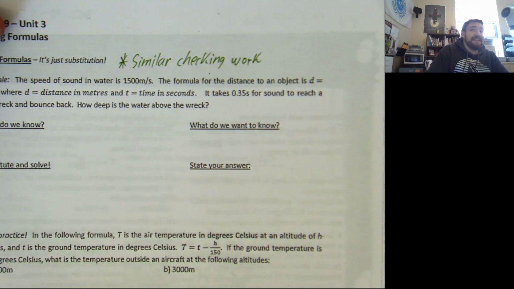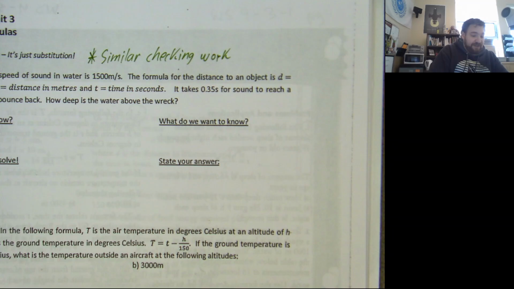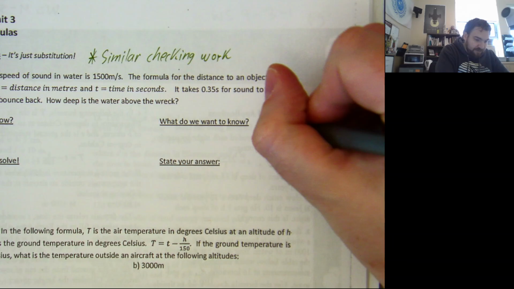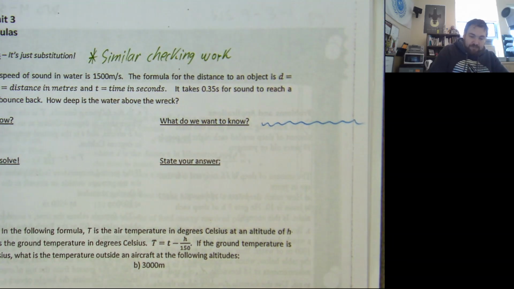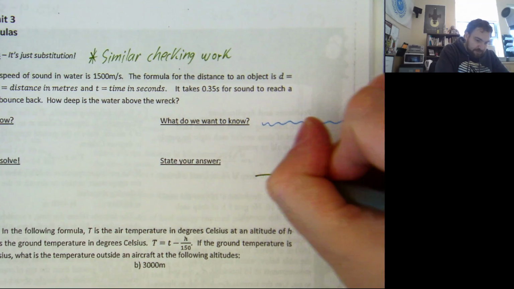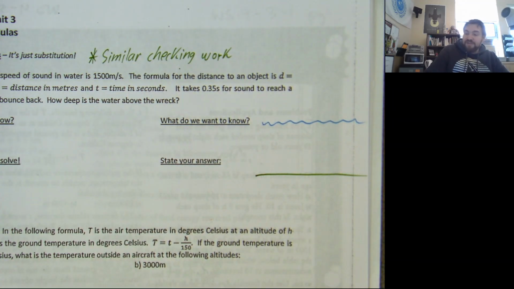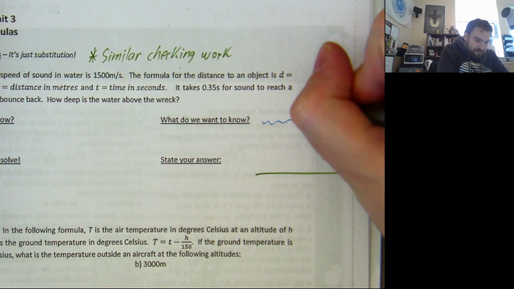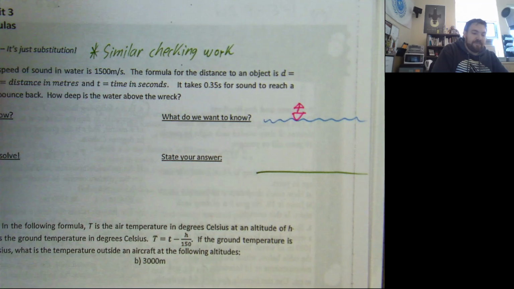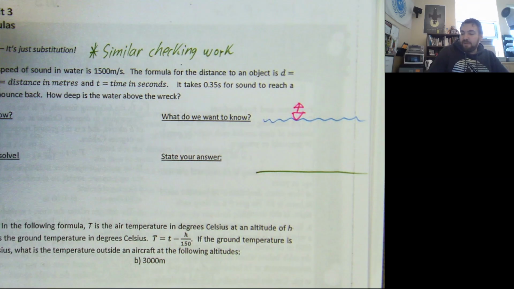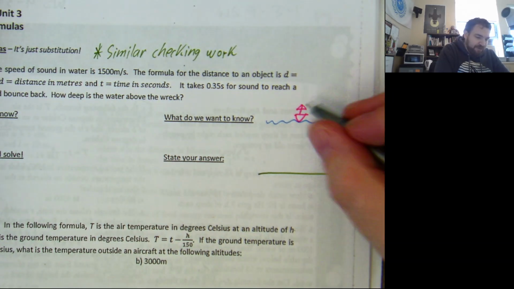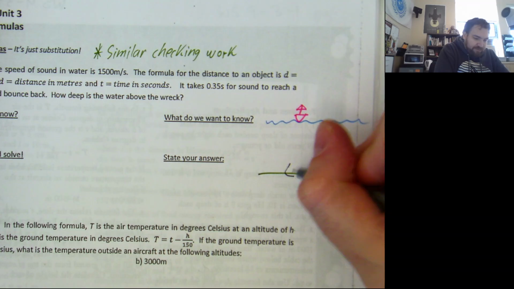Effectively, what's happening is this. I'm going to draw the picture on the right-hand side of the page here. You've got a scenario where on the surface of the water, you've got a boat. There's our boat. On the bottom of the ocean, you've got a broken boat.